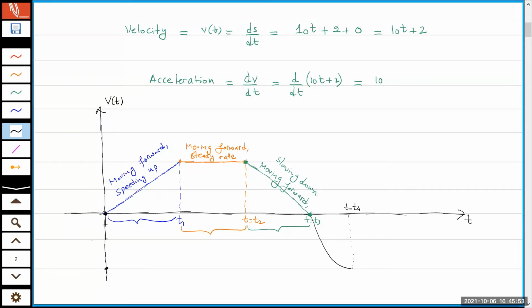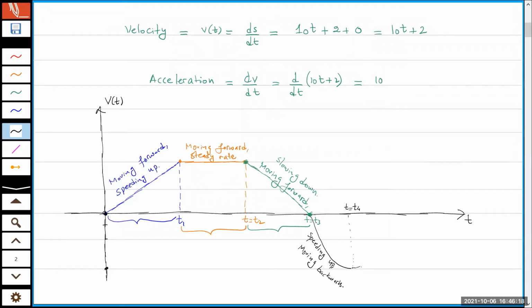At this point, the speed would be here. As an absolute value, it would be on the other side. But I can say that in this region, I am speeding up, but moving backwards because my velocity has gone negative now. Moving backwards.